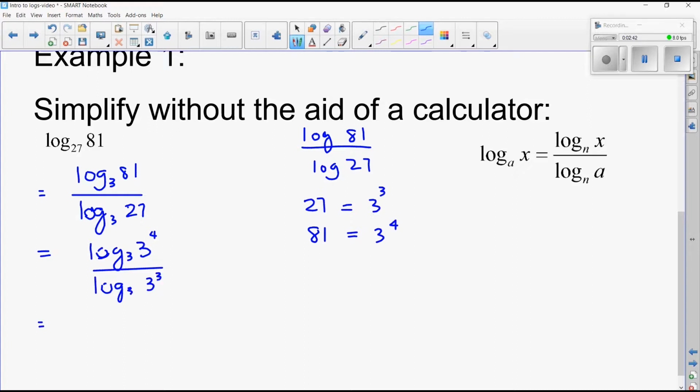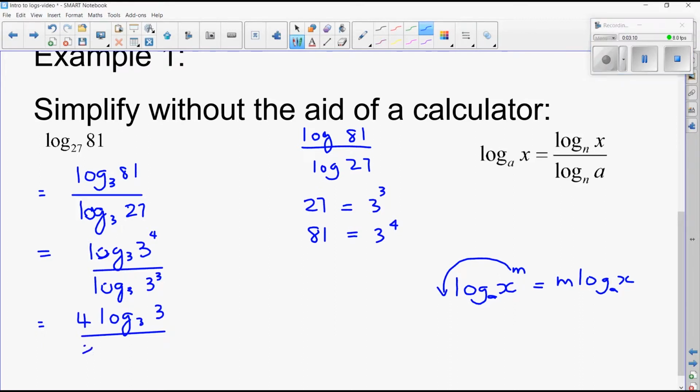Right. So applying the power rule, I know that log of x to the m equals m log of x, and if the base is a, I write the base as a. So the power rule allows me to rewrite the exponent as a number or as a coefficient. So this is going to give me 4 log of 3 to base 3 over 3 log of 3 to the base 3.